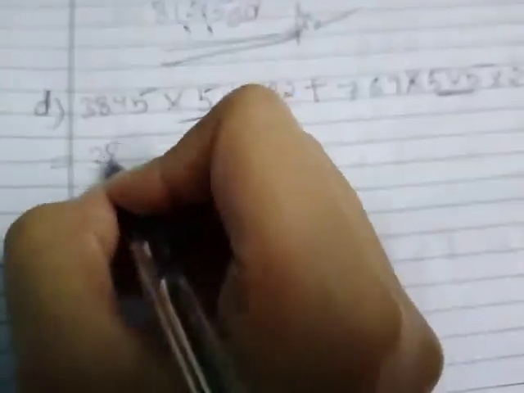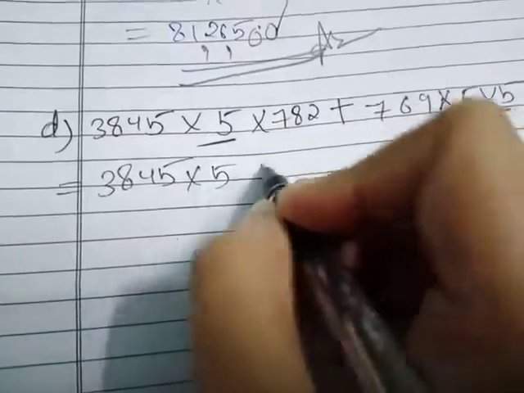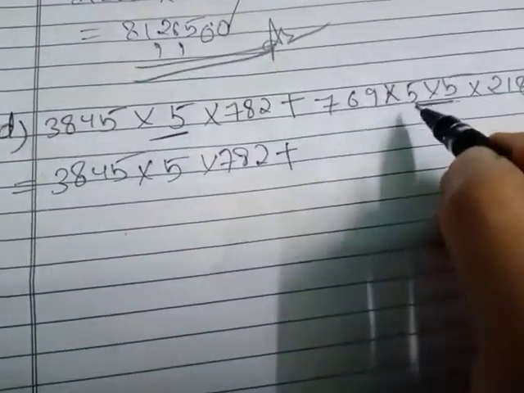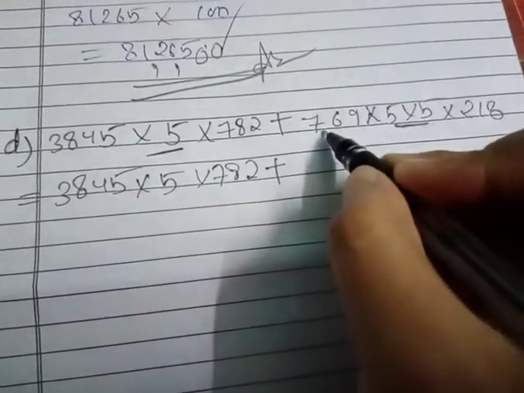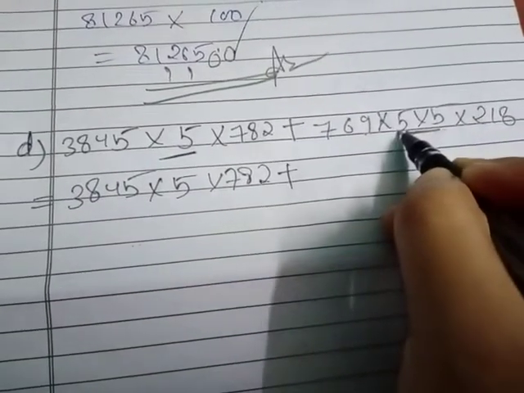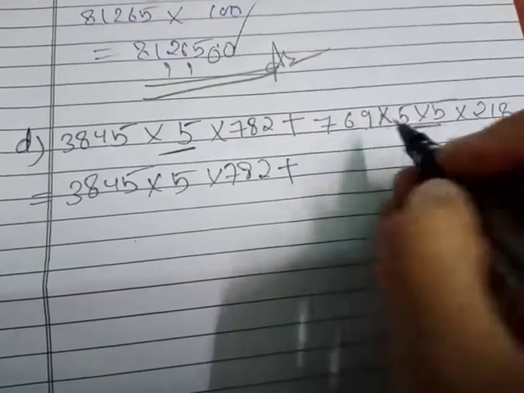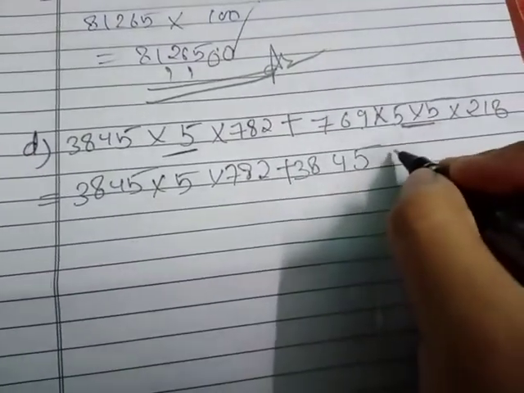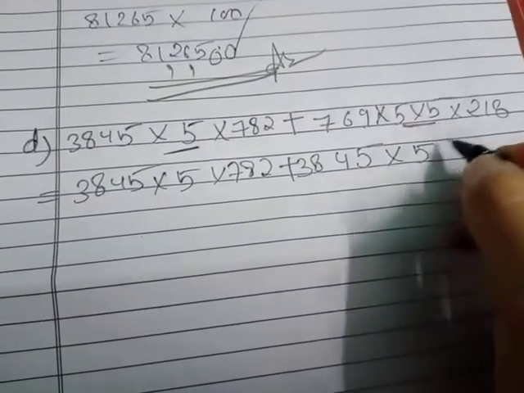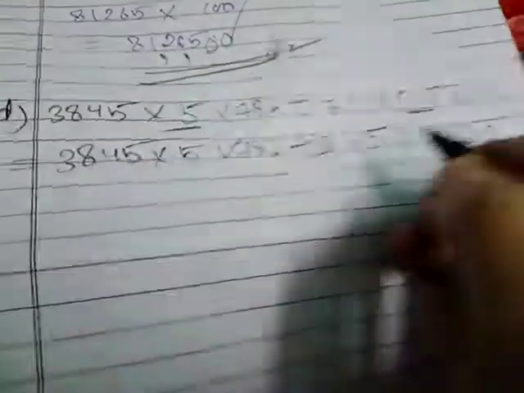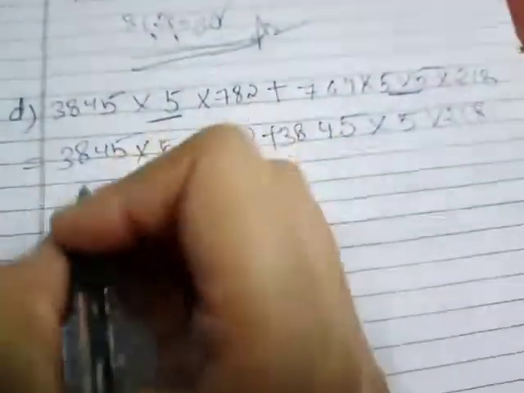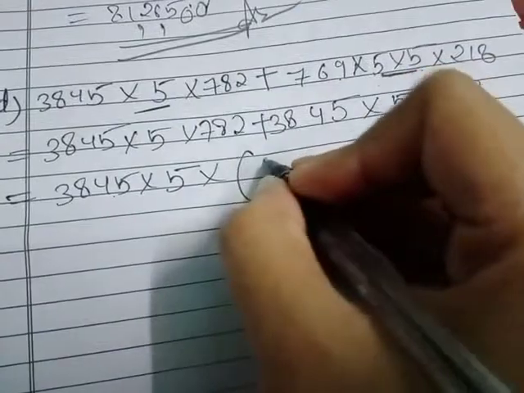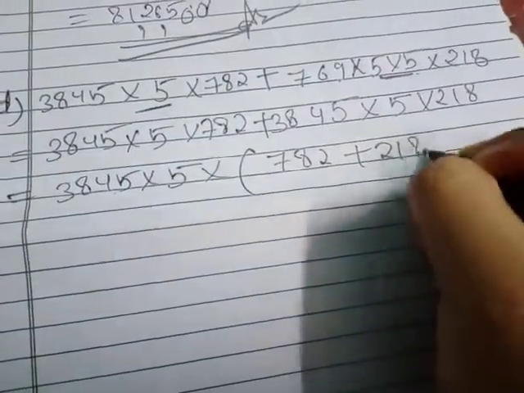Now again 3845 as it is, and here we have only 1 5, but here we have 2. So what we can do, this 769, simply we will multiply with the first one, that is 5. Okay, 5 9s are 45, and then 4 3, then into 5 218. So now you can see we have two numbers in common, that is 3845 multiply with 5, and then 782 plus 290.